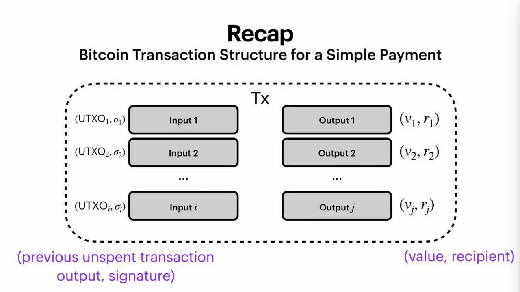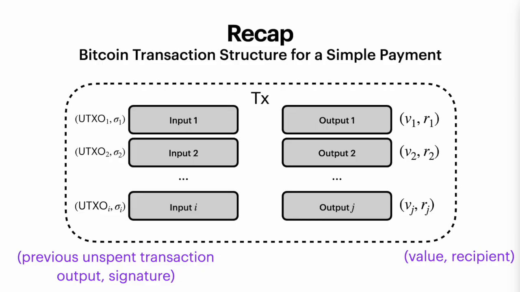Now let's look at how a Bitcoin transaction works, at least the parts that we care about. On the left, we have a list of I inputs, and on the right, a list of J outputs in a single transaction. Each output has a value associated with it, V1, and so forth. And they each have a recipient, R1, and so forth.